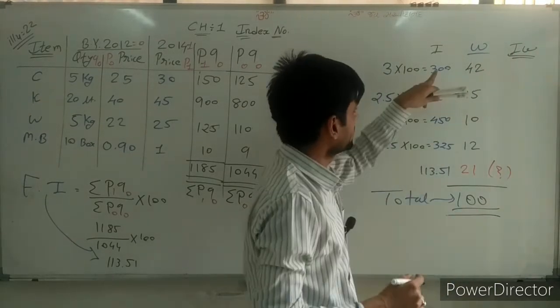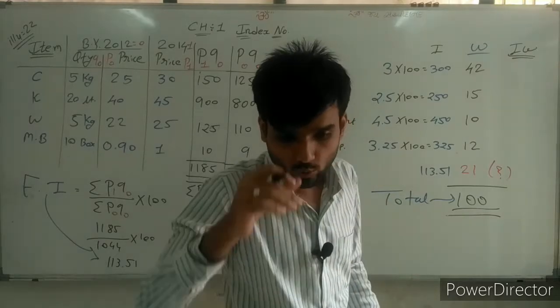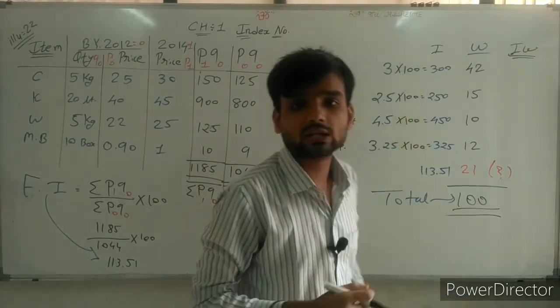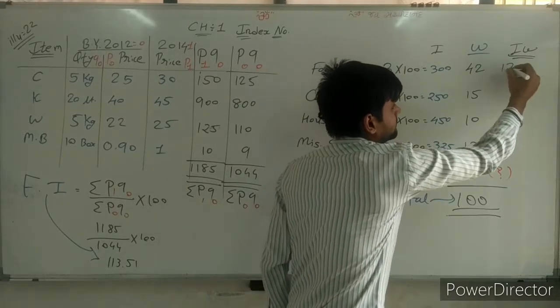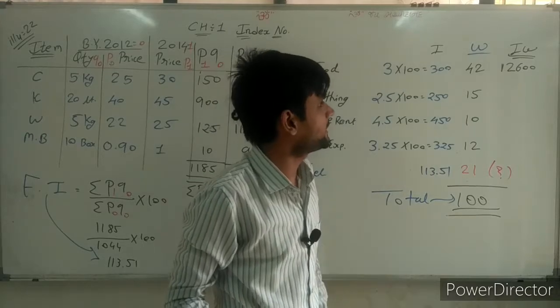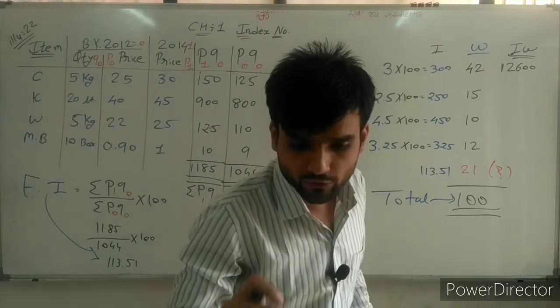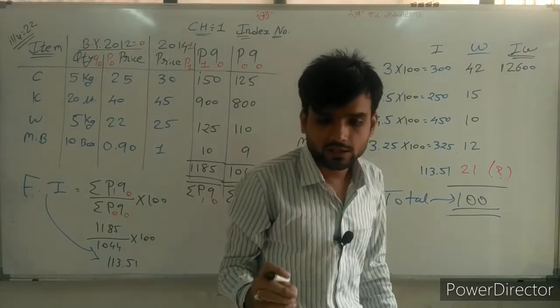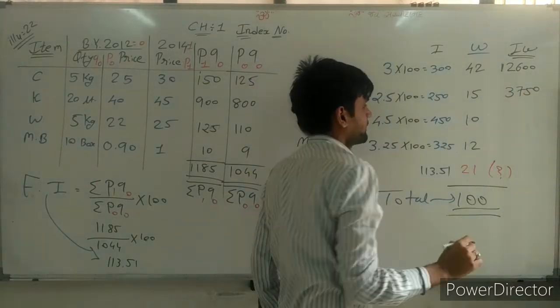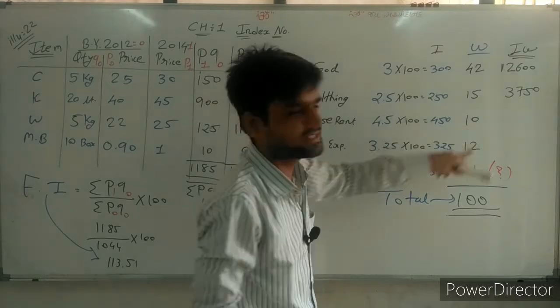Multiplication of both. 300 into 42. So what is the answer actually? 300 into 42, I am getting 12,600. Same way 250 into 15. So 250 into 15, I am getting 3,750. 450 into 10, that is very easy.